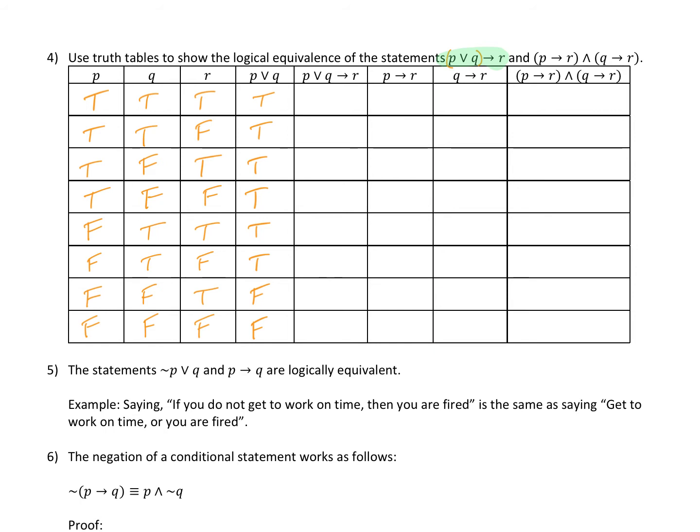Okay, that one's going to be false. Then I have true, true, true, false. That's another false. True, true, true, false. There's another one. And then false, true, false, false. Okay, so I found 3 falses and the rest are true.